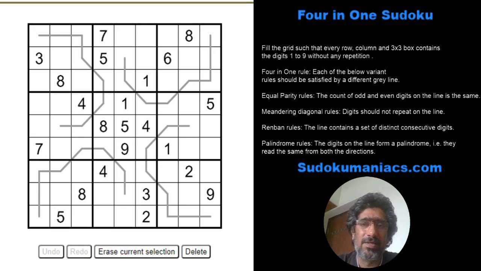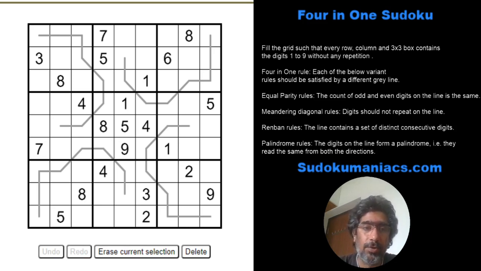Now you may ask, what's the difference between a meandering diagonal and Renban, because both have distinct digits. One thing to keep in mind is that for Renban it is a set of 8 consecutive digits. So the series can be from either 1 to 8 or 2 to 9. The only numbers that can be missing on a Renban line will be 1 or 9.